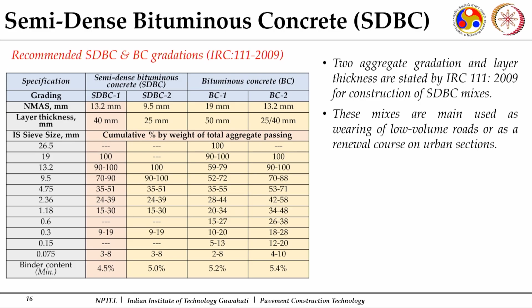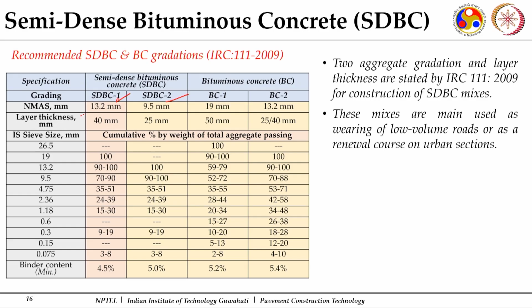Then the other layer, as I mentioned, is the semi-dense bituminous concrete, mainly used as a wearing course for low volume roads or where the traffic is less, or on urban sections as a renewal coat. You can see that in semi-dense bituminous concrete they have also given two gradations, SDBC1 and SDBC2. So, you have options, and you have to be smart enough to pick which option and which combination to use at different layers.